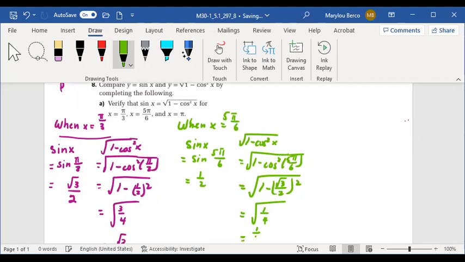So indeed, that holds true for 5 pi over 6. I verified they're equal. Now, last one.